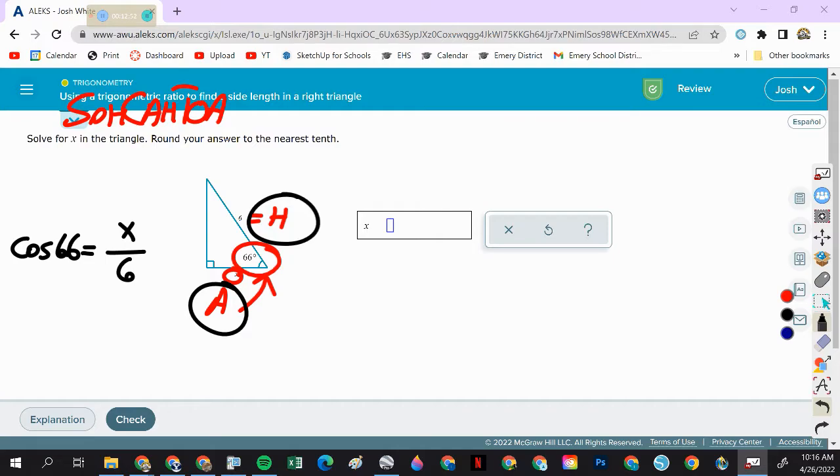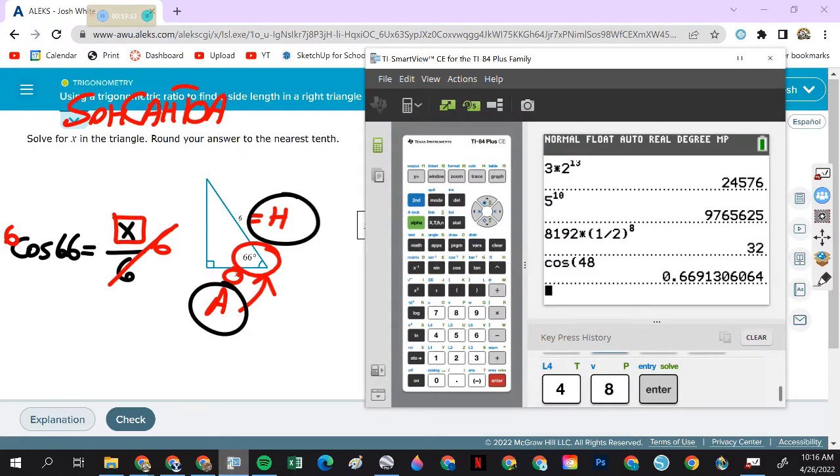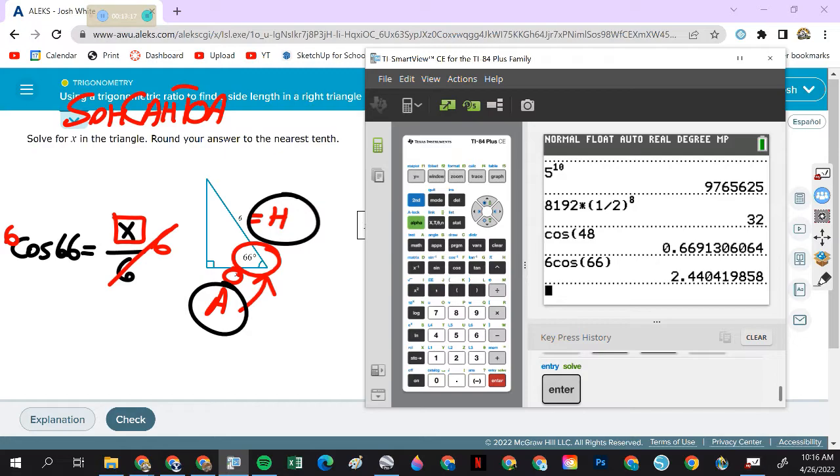The cosine of 66 is x over 6. So how do I solve for x? Just multiply by 6, right? And I get 6 cosine of 66. In my calculator, I just do 6 cosine of 66, and I get 2.44.